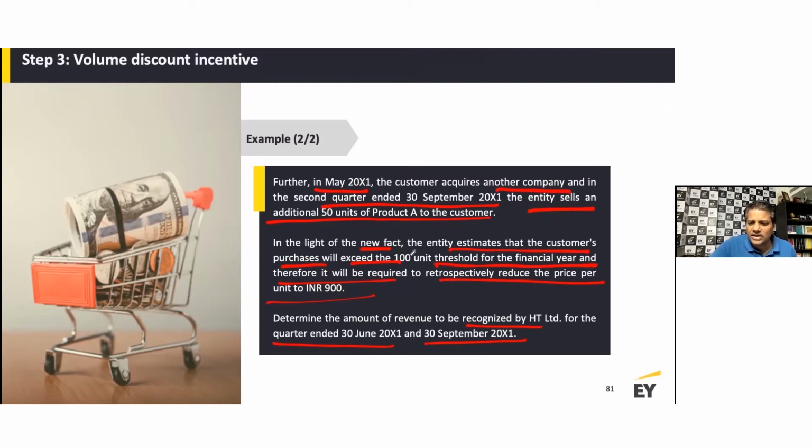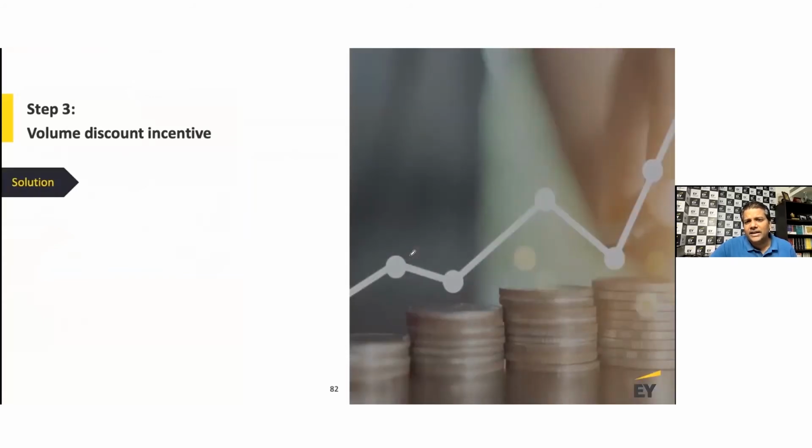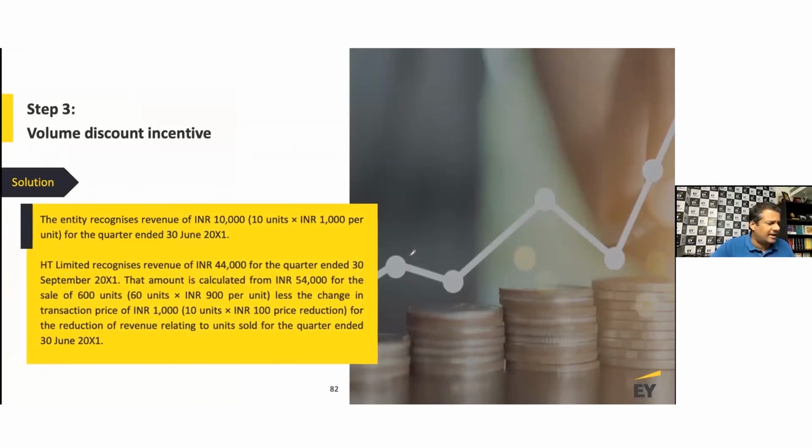The whole question is, how do I deal with this from a quarter to quarter perspective? When I was doing it in quarter one, I believed there would be no discount because the trigger would not be met. So in the quarter ended June, I will record the full revenue, 10 units into 1000, which is 10,000.